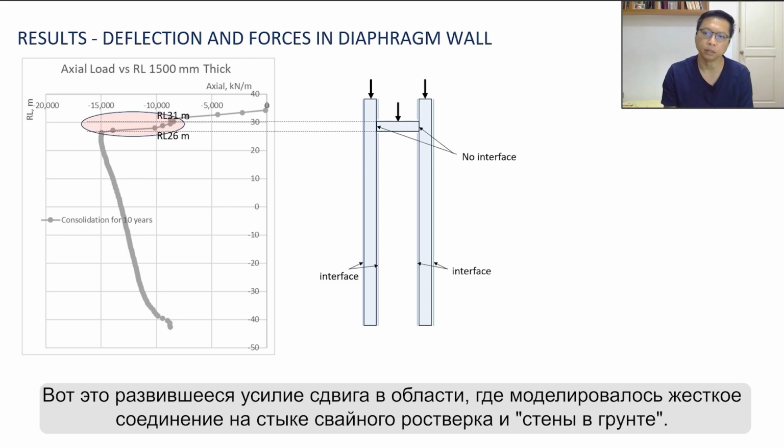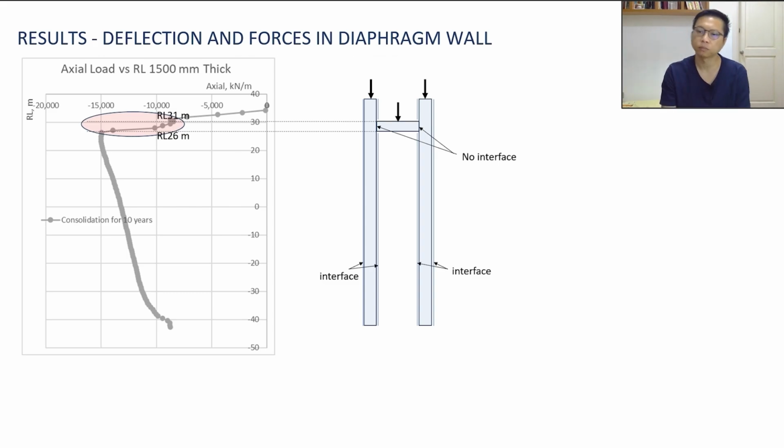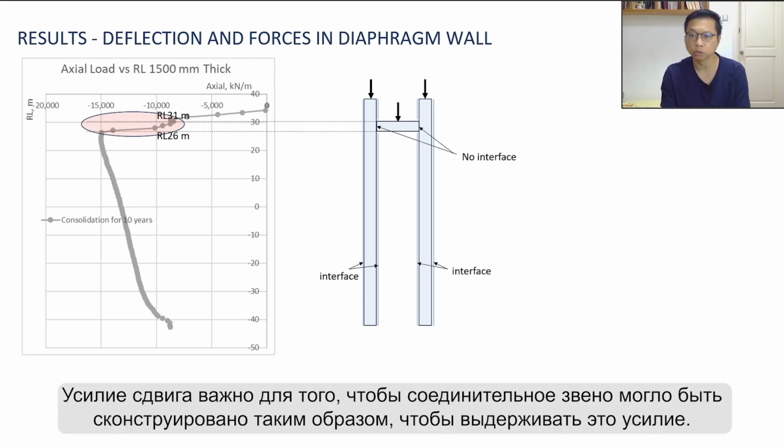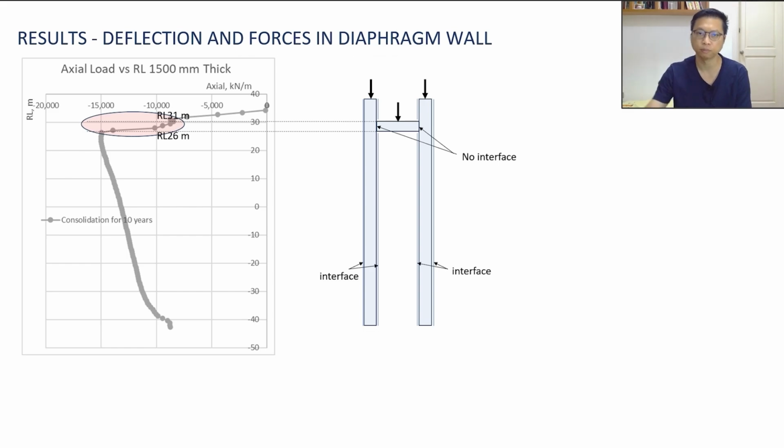This is the developed shear force at the area where a rigid connection was modeled at the interface of the pile cap and the diaphragm wall. The shear force is important so that the shear link can be designed to take the shear force.